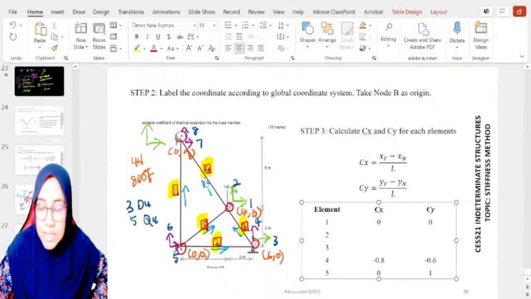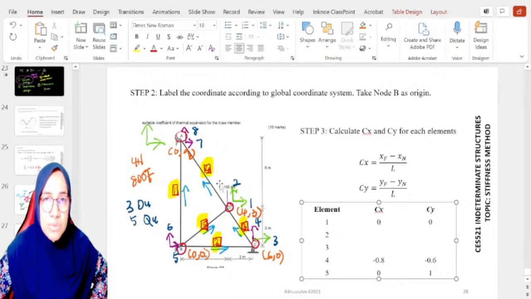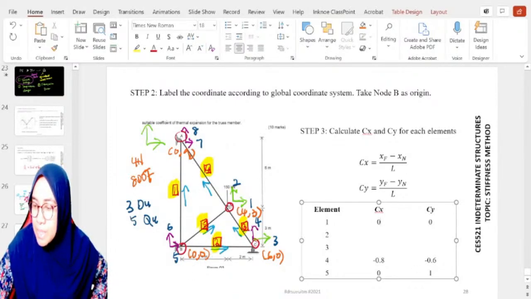For Cy it is 9 minus 0 divided by 9, because for the y coordinate we take far minus near. So it will be 1.